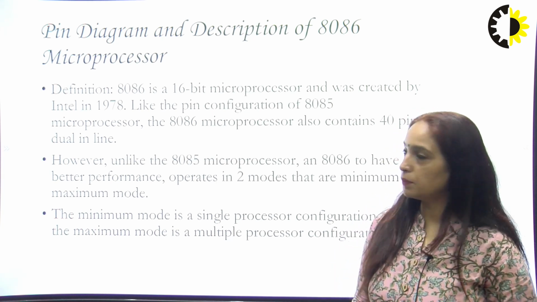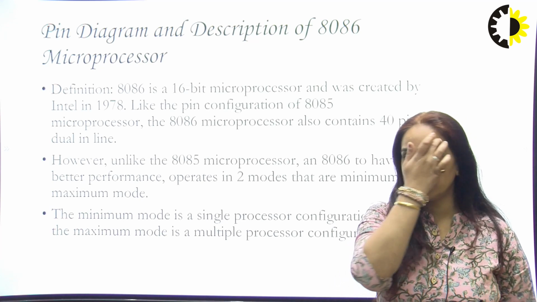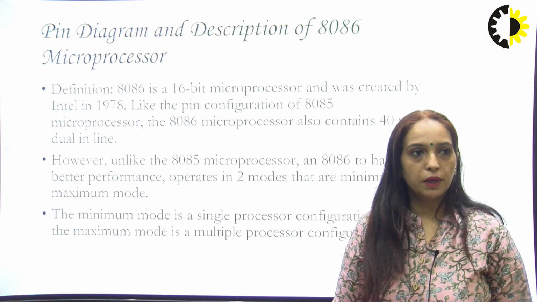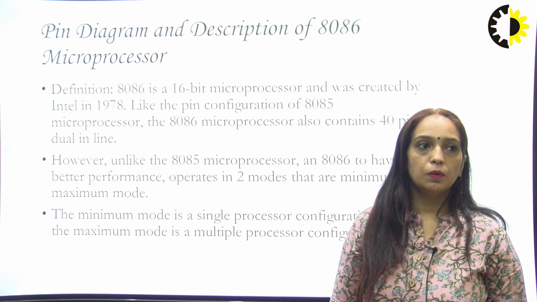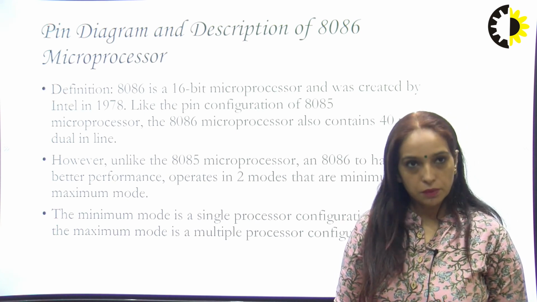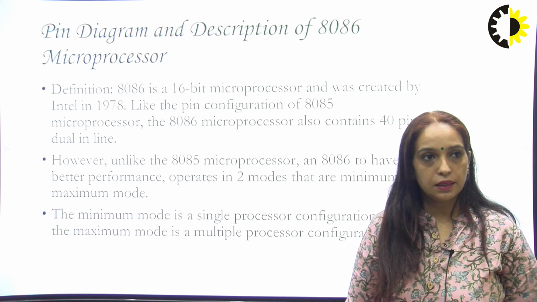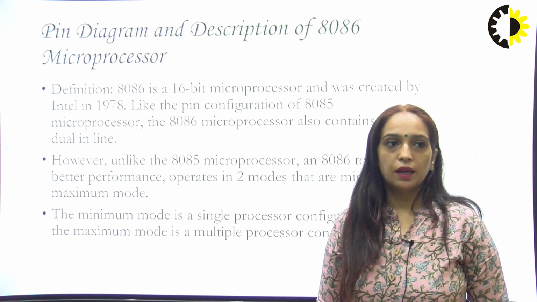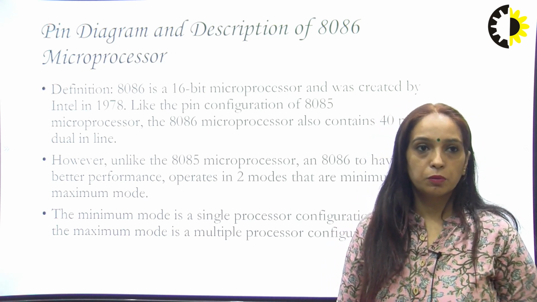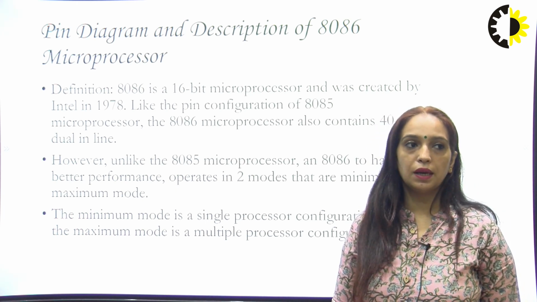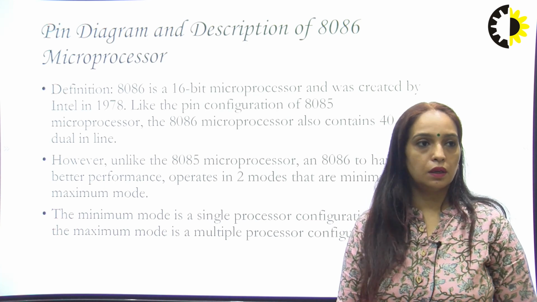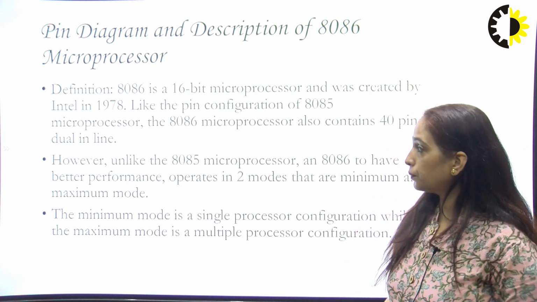First thing, we must understand that the 8085 was an 8-bit processor, and the 8086 is a 16-bit processor, which was manufactured by Intel in 1978. Like the pin configuration of the 8085 microprocessor, the 8086 also contains a 40 pin IC, and we have a dual inline package.